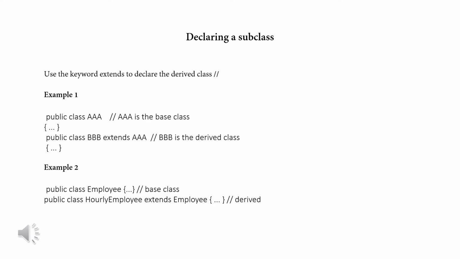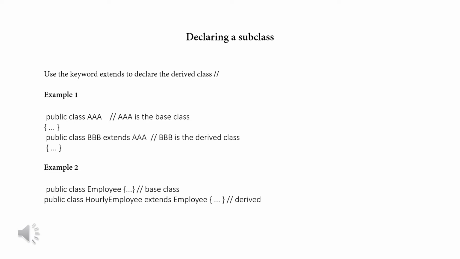In example number one, we have defined one class, public class A. This is a simple class with all of the variables and all of the methods that we have defined, so that's the base class.